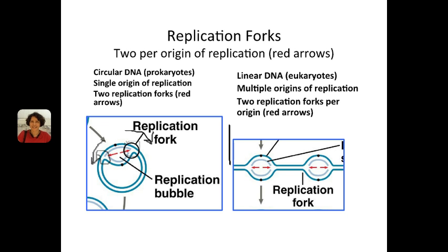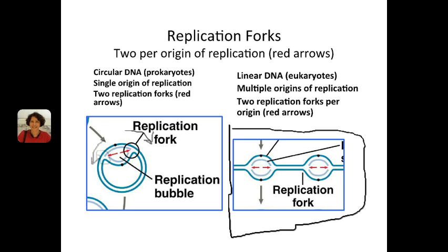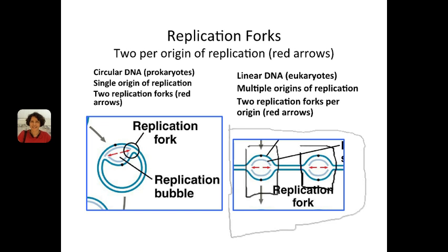Compare that to eukaryotic DNA, in which each chromosome is going to have hundreds of origins of replication. Here we're looking at just 2 of them. Each of those 2 is very much like the single origin of replication that we see in prokaryotes.